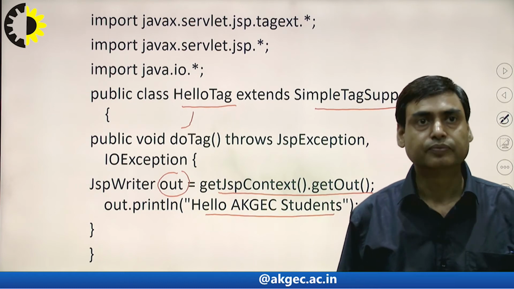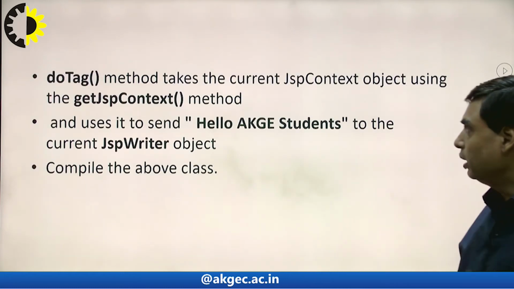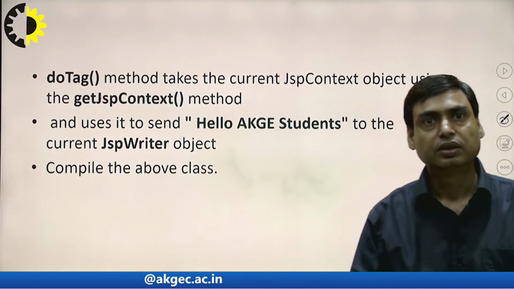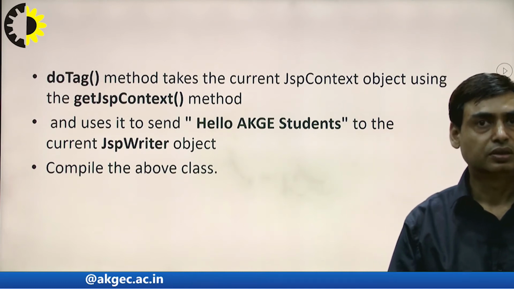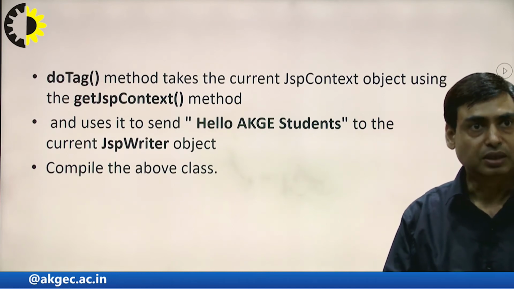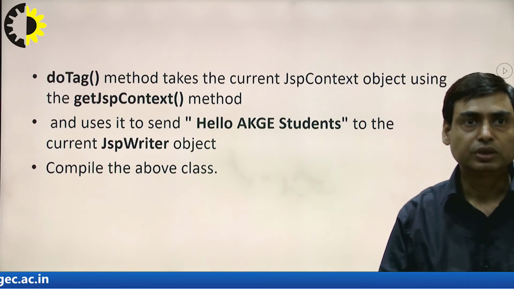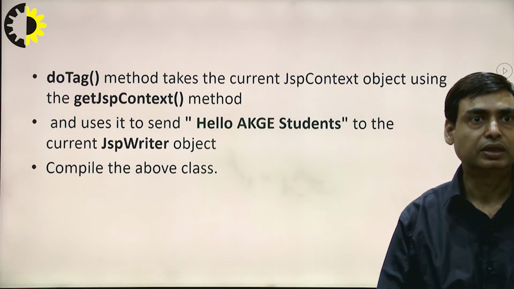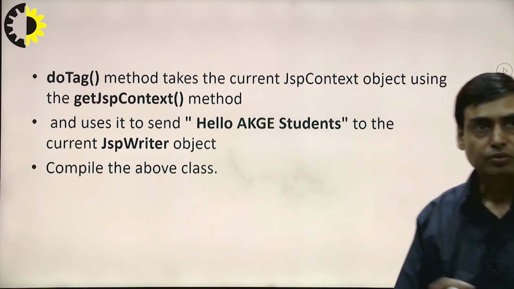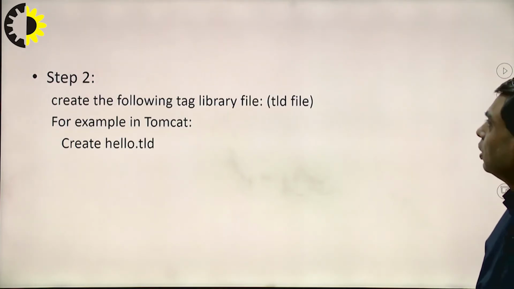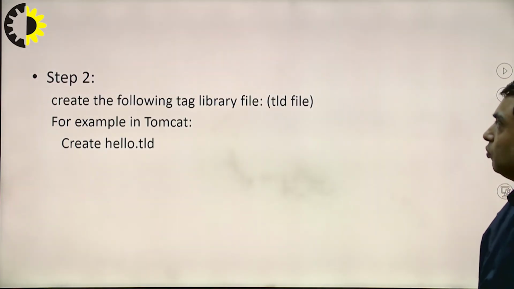Now the doTag method takes the current JSP context object using the getJspContext method and uses it to send hello AKGC students to the current JSP writer object. So we will compile this program. Next, step 2: create the following tag library.